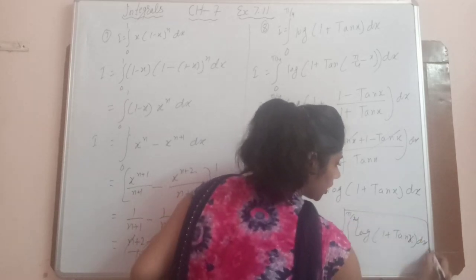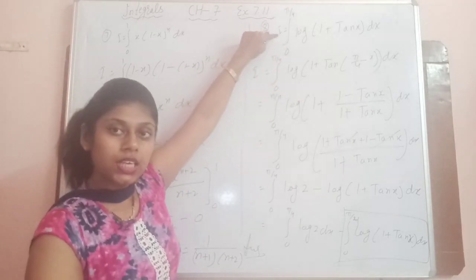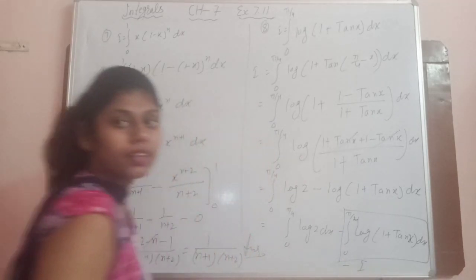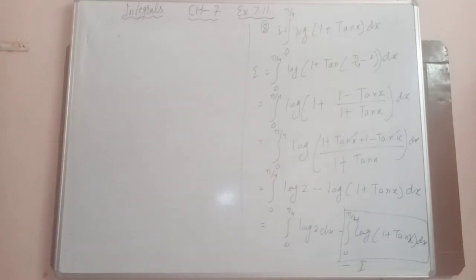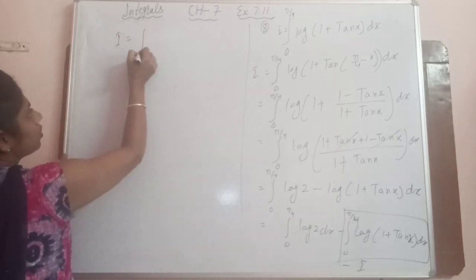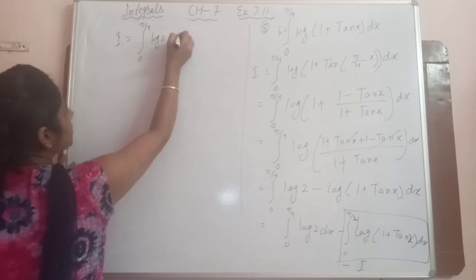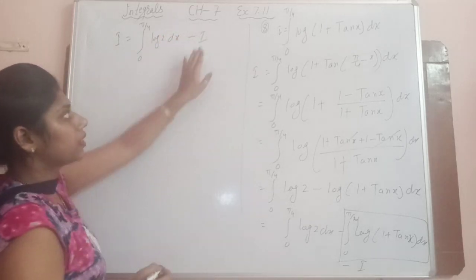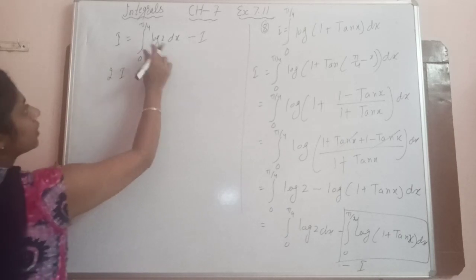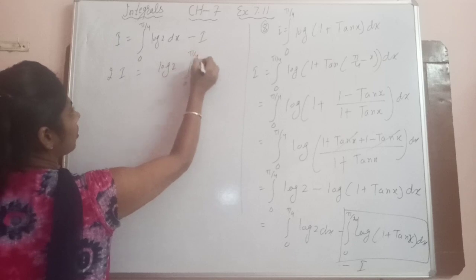Now this is equal to your initial function I, so we will replace it by I. Next, the left hand side I equals 0 to pi by 4 log of 2 dx minus I. I will shift it to the left hand side, so it will become 2I. Log 2 is a constant, we can take it out, 1 dx.